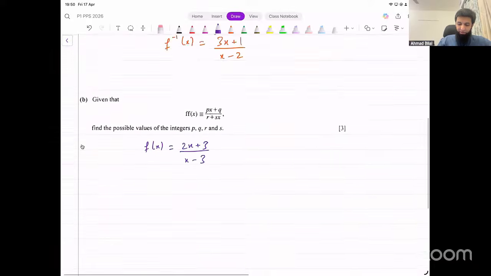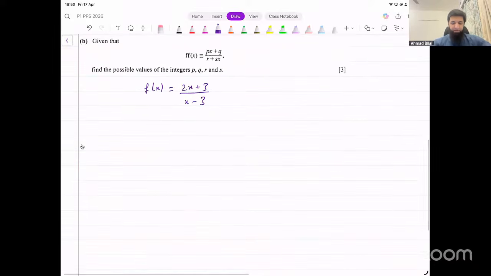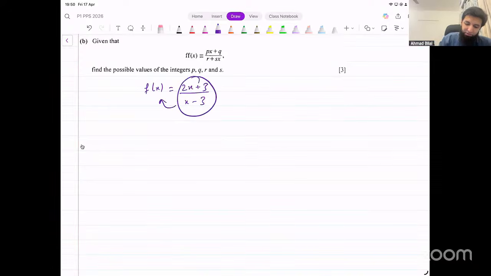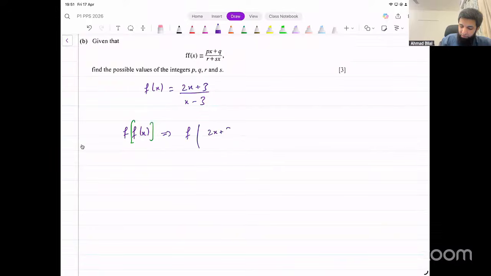2x plus 3 over x minus 3. F of x equals 2x plus 3 over x minus 3. How do you find f of x? You input this function inside this same function. So if you want to find f of x, you're inputting f inside f. That becomes f of 2x plus 3 divided by x minus 3.